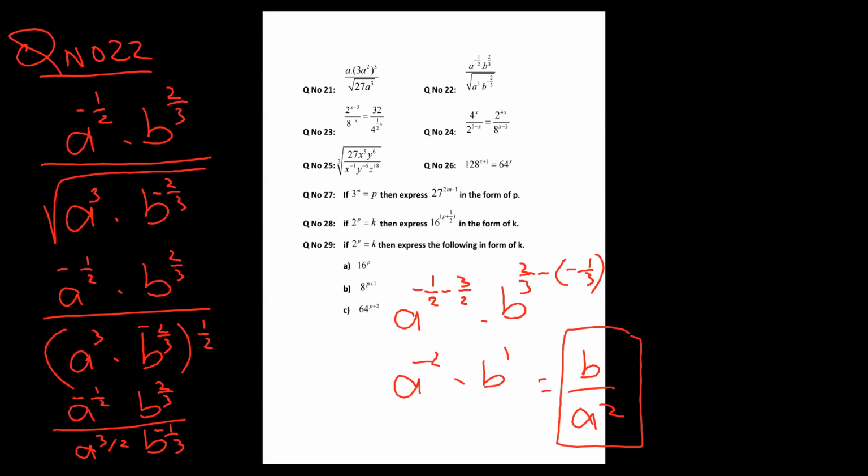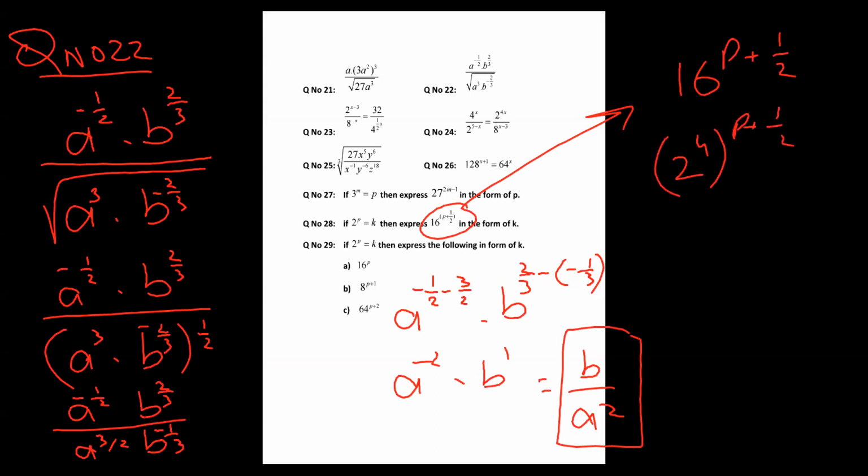I give a clue for this question only. I will not solve it. 16 to power p plus half. What is 16? All of you know, 2 to power 4. Now 4 into p, 4p, and 4 into half becomes 2. And now I can say 2 to power 4p, and Yumna, this plus sign: if a minus comes, we divide; if plus comes, we multiply.